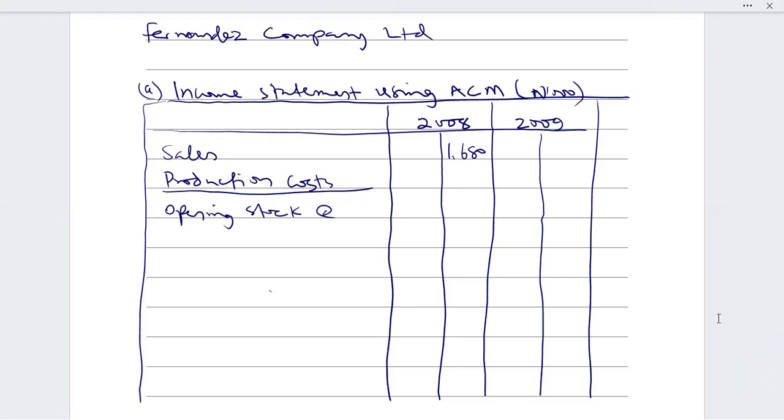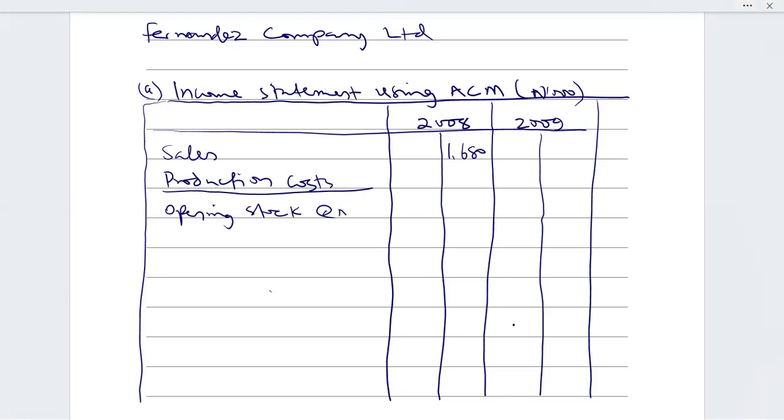So the total cost per unit in the question is 7 naira 30 kobo. When you add up, according to the question, the cost per unit of 1.6 plus 1.5 plus 1.2 plus 3 naira, that gave 7 naira 30 kobo. That is the total cost per unit.